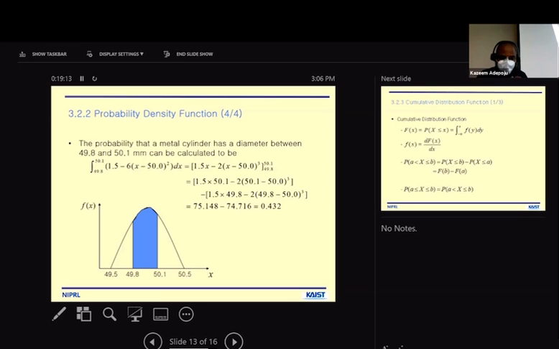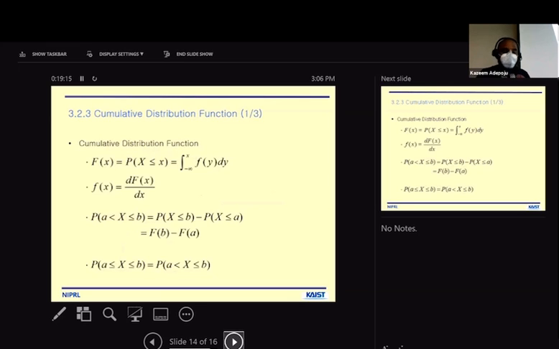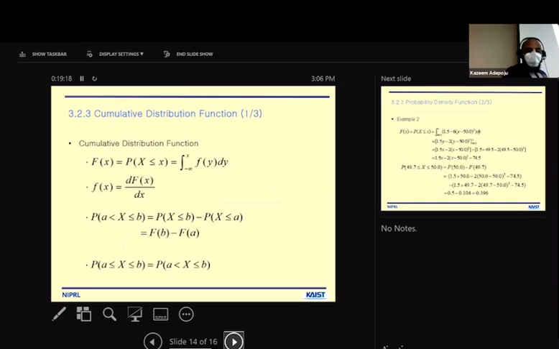The next thing that we want to do now is the cumulative distribution function. Of course, I walked you through the cumulative distribution function for discrete. We want to do the same for continuous, but the way we compute the cumulative distribution function for continuous is different from the way we did it for discrete.